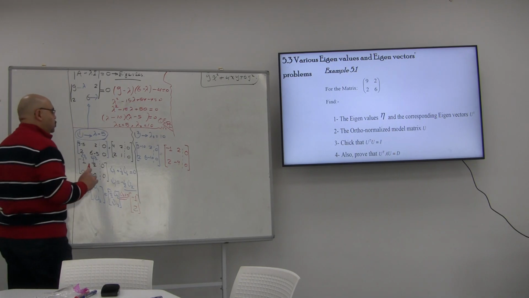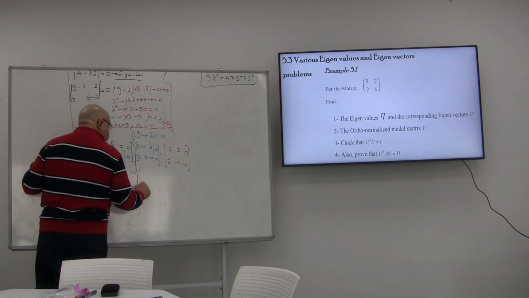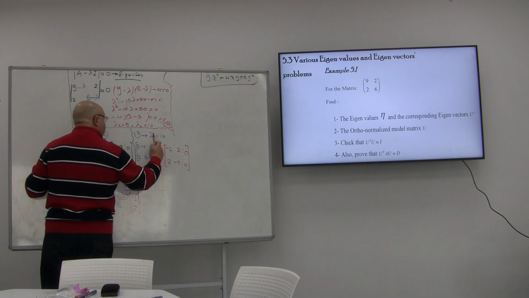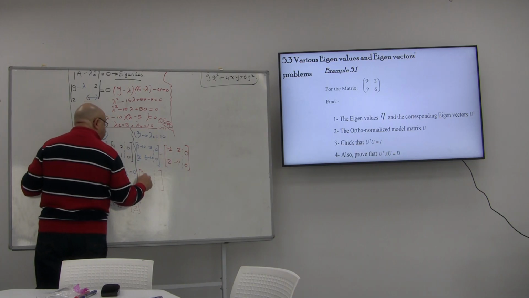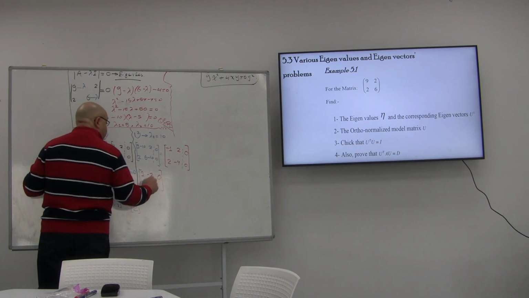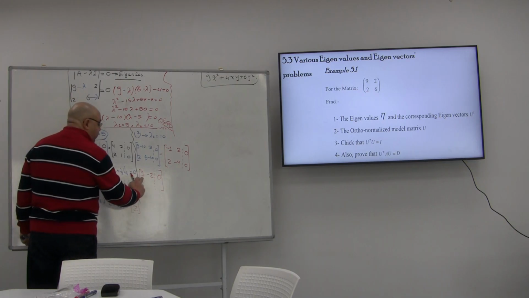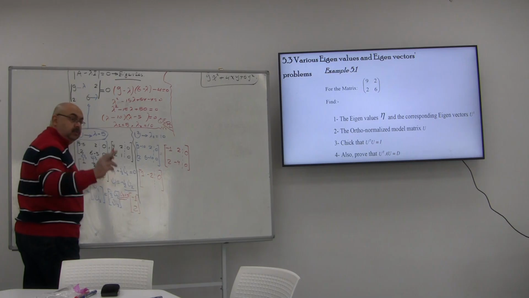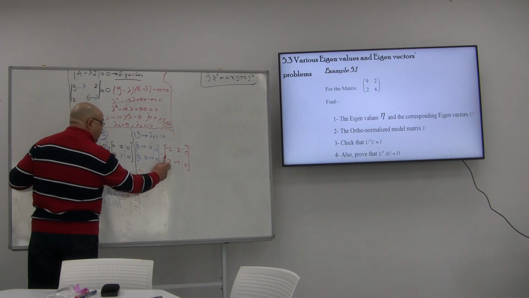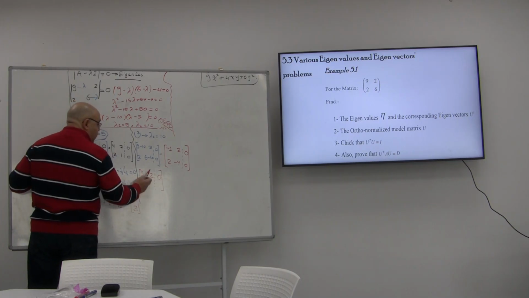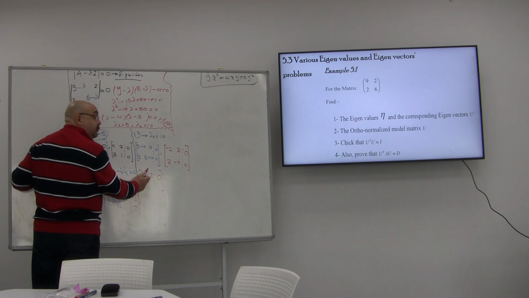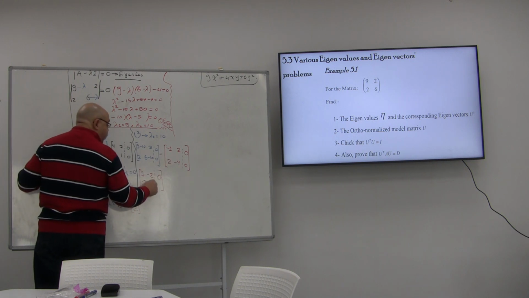All I have to do is try to get as close as possible to the reduced echelon form. So I will divide by -1, so I will have 1, -2, and 0. Then once more, I will multiply by -2 and add to the second row. Let's do it. -2 plus 2, negative 2 times negative 2 is going to be positive 4, plus negative 4 is going to be 0 and 0.